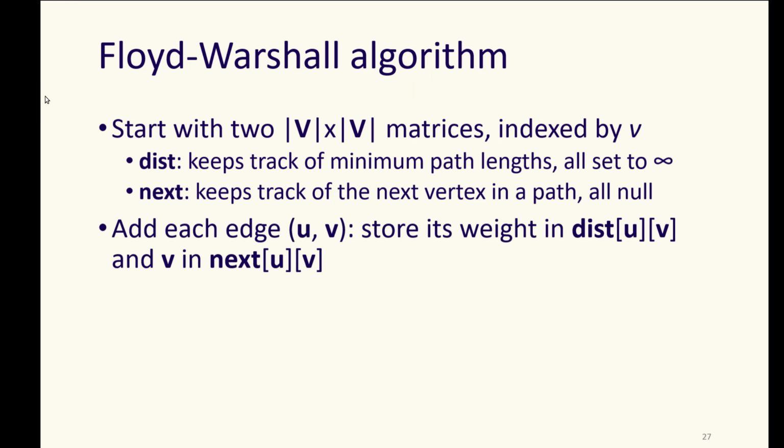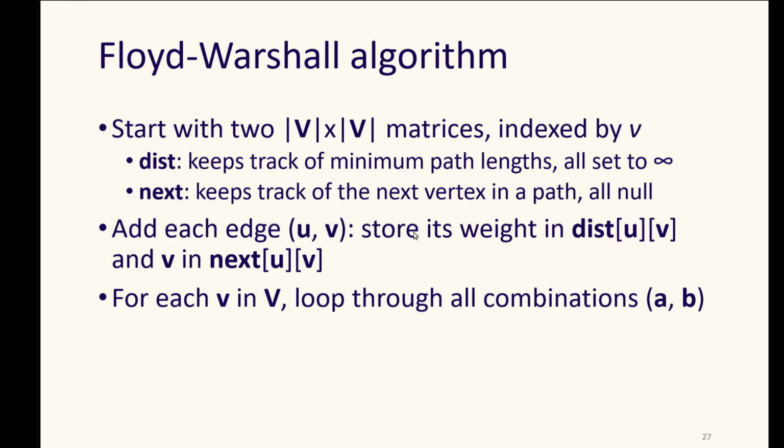We add each edge that connects vertices U and V, we'll call them here, and we store its weight in the distance of UV, and we store V in the next of UV. So we're able to update a distance for that particular connection as we see an edge between them, and we're able to store that V is the next to go to from U, for example.